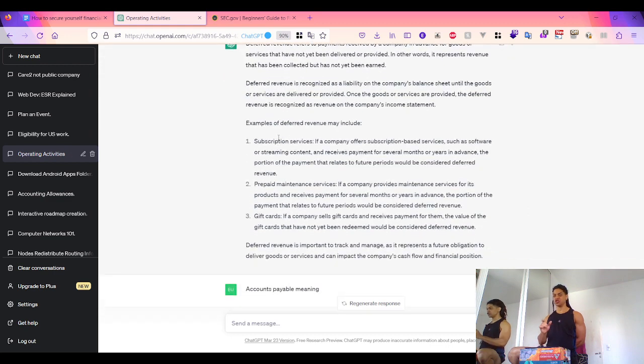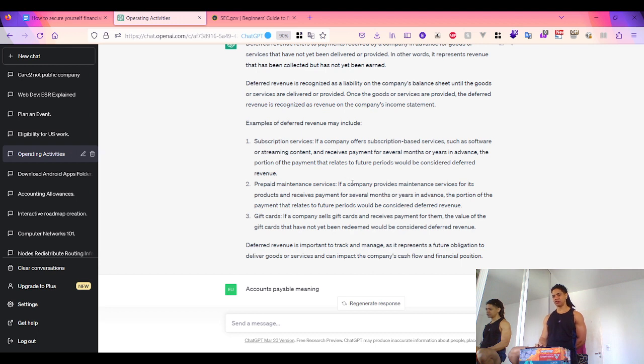So for example, subscription services like Netflix and Spotify. They collect the money first, and then they guarantee the service, right? Prepay maintenance service and gift cards.